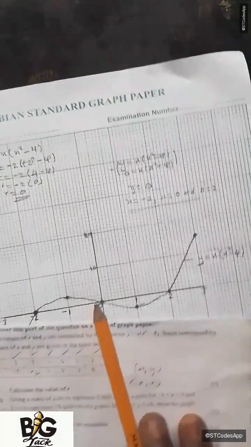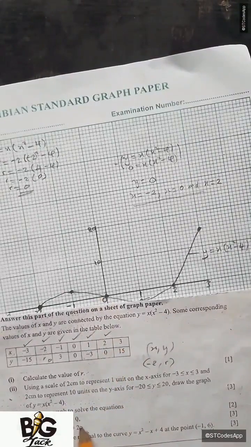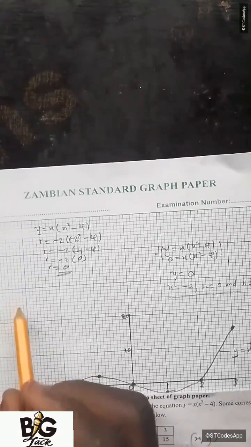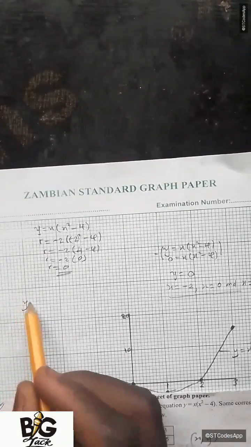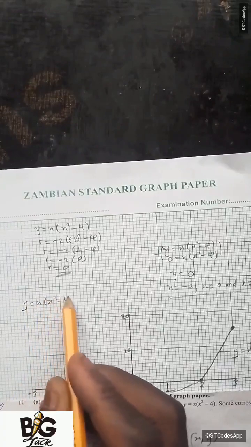Similarly, the next one is saying x open bracket x to the power 2 minus 4 is equal to 2. So in this part here, let me just answer it here. I'm going to take the original equation, which is y is equal to x open bracket x to the power 2 minus 4.